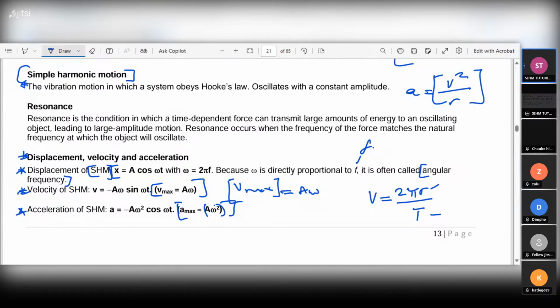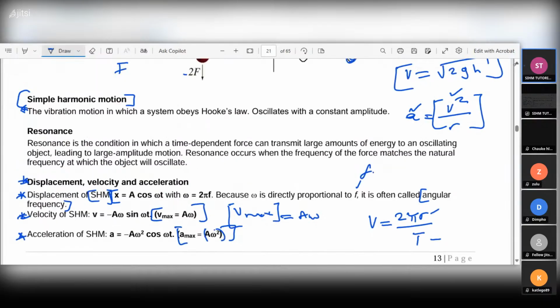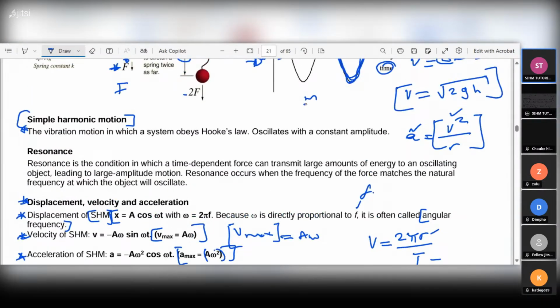For you to square the velocity, you're going to get the acceleration in which way? Velocity is meters per second. Meters per second all squared gives meter squared divided by second squared.